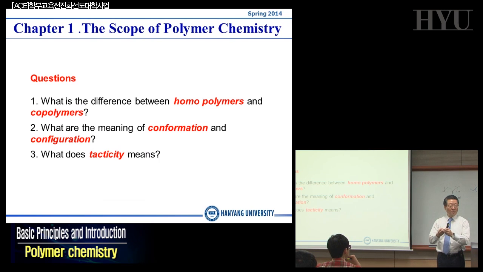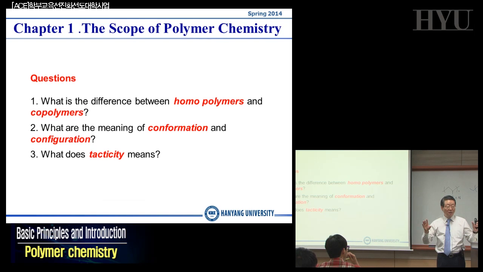If the methyl group is in every other way, in opposite directions, we call this syndiotactic. Or if there is any random fashion, sometimes downward, sometimes upward, but there is no rule or order, then we call it atactic.